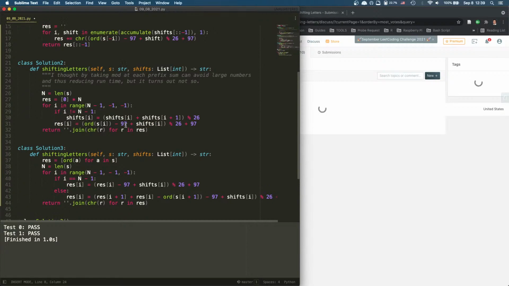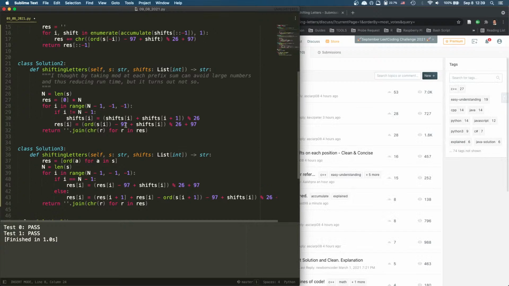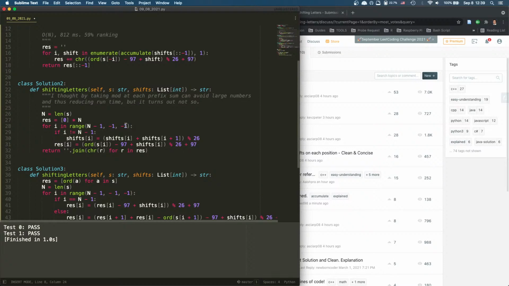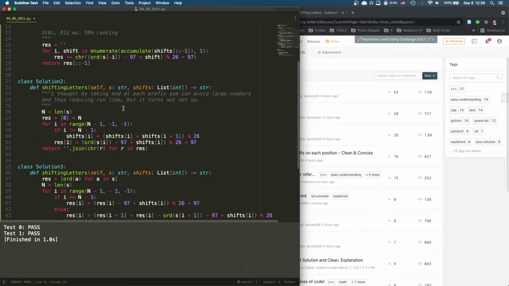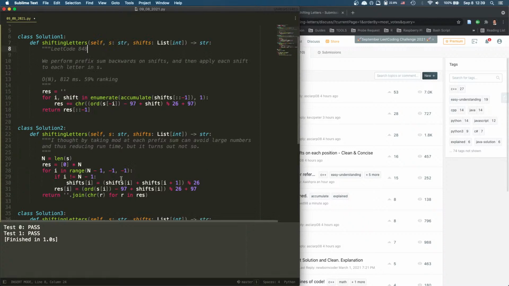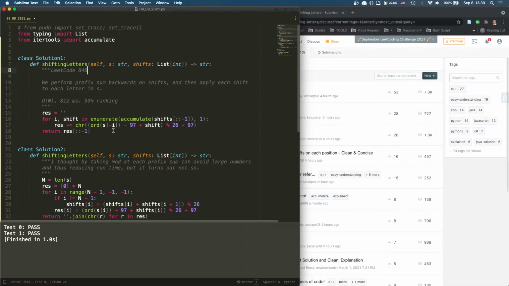It turns out the fastest is this because I'm not. Yeah, this is slow because I did this part. And this is to avoid large numbers. Doesn't really work. String manipulation directly is always the fastest. That's what I found.